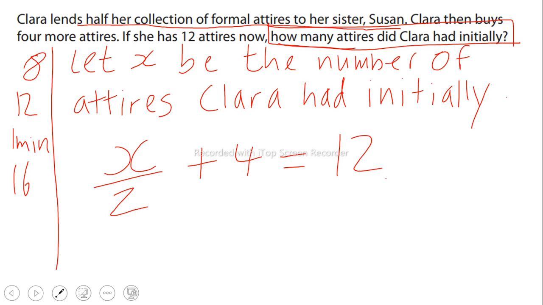Wait a minute. Would this be 12 though? Why do we divide this by 2?